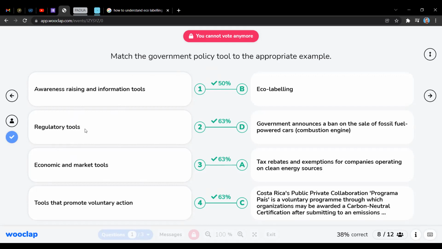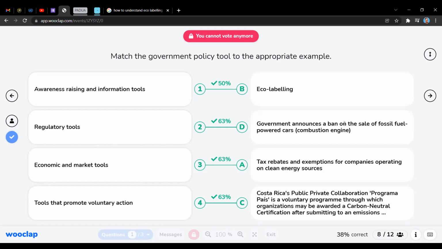Regulatory tools. When we talk about regulatory tools, we're talking basically about the government making rules. We have a parliament. The government can make rules, policies, measures and decrees. An appropriate example is that the government announces a ban on the sale of fossil fuel powered cars, which use combustion engines, so basically petrol and diesel.